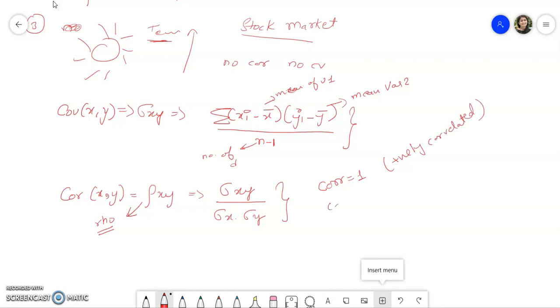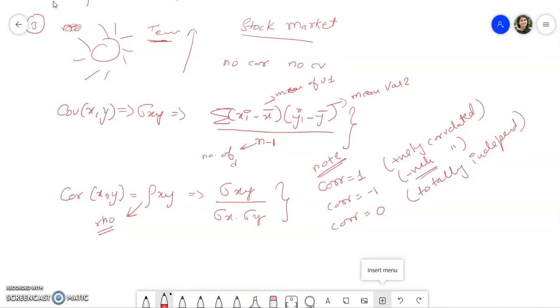If correlation is equal to -1, it means it is negatively correlated. And if correlation is equal to 0, it means the two variables are not correlated, there is no relation. So please remember the meaning of correlation equal to 1, -1, and 0.